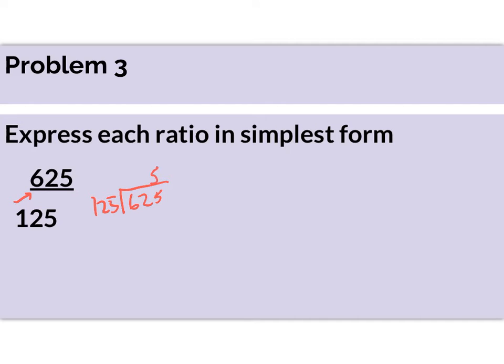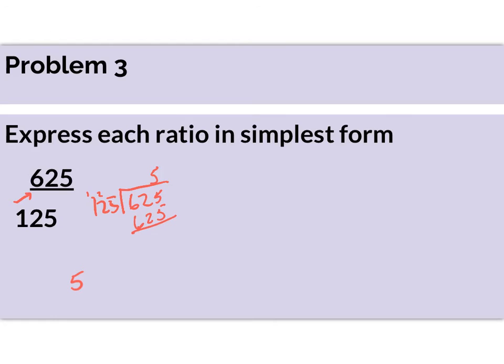Let me try 5 here and see if that works. 5 times 5 is 25. So I'll bring down the 5 and carry the 2. 5 times 2 is 10, plus 2 is 12. Carry the 1. 5 times 1 is 5, plus 1 is 6. So 625 over 125, a ratio in simplest form, is 5.